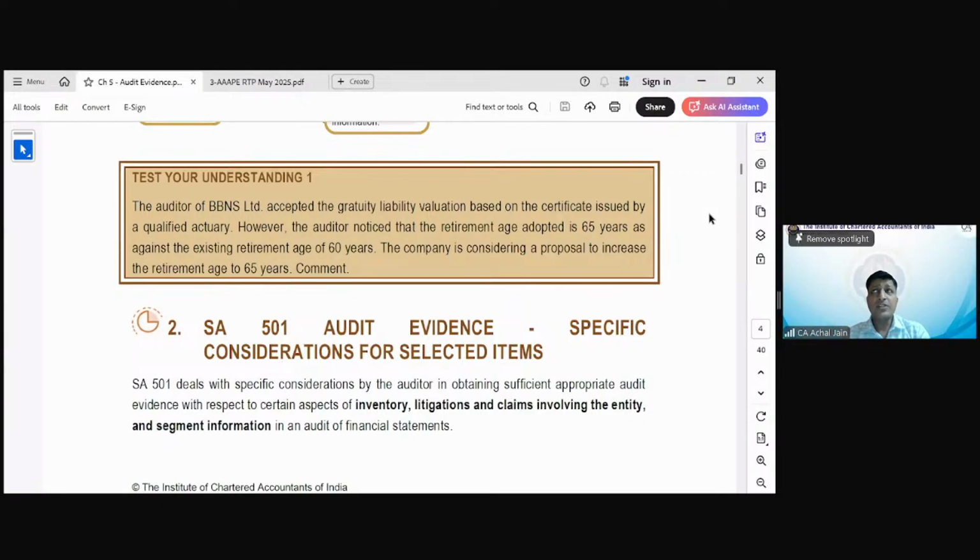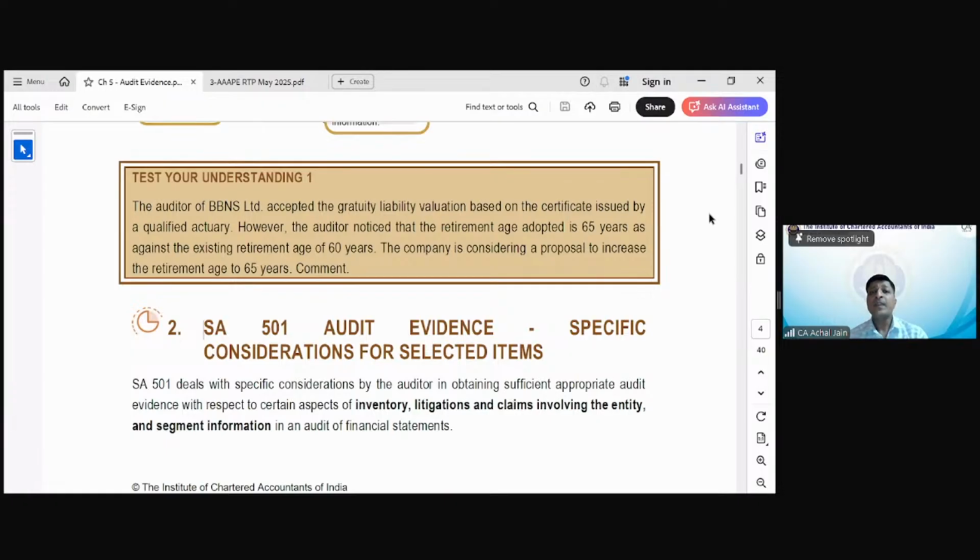So the idea is to help you understand that when it comes to the financial statements, there is nothing specific which you can call important and not so important, except for a couple of areas like revenue and management override, which we discussed. They are always significant risks. But the auditing standard focuses upon certain areas. This is SA 501, and it provides the guidance in respect of audit procedures to be applied by the auditor in respect of those areas.